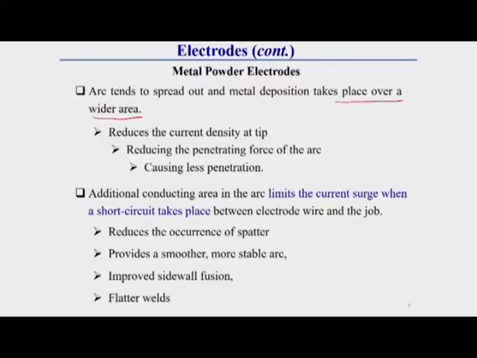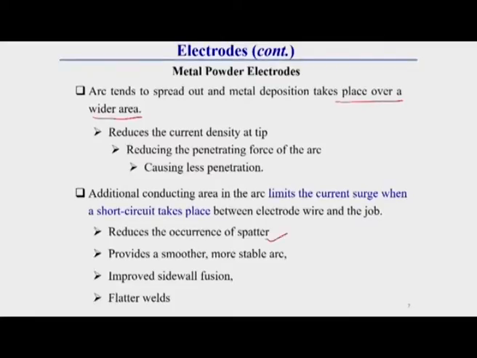That is why, during short circuiting types of metal transfer, this type of flux coating is good, because less surge of current occurs. Due to this extra conduction of current through the flux cover, it reduces the occurrence of spatter, provides a smoother and more stable arc, and improves side-wall fusion and flatter welds.